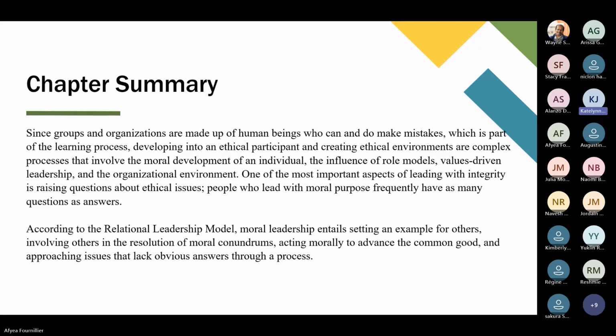According to the relational leadership model, moral leadership entails setting an example for others, involving others in the resolution of moral conundrums, acting morally to advance the common good, and approaching issues that lack obvious answers through a process.